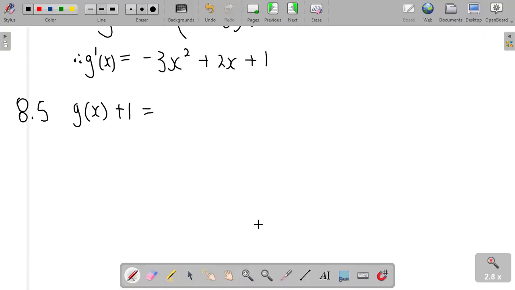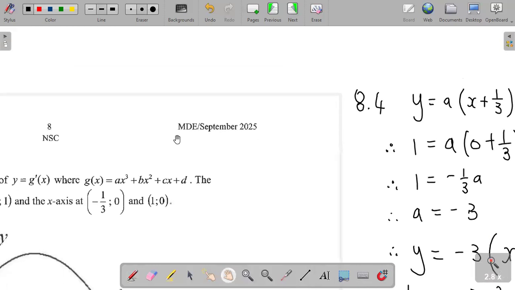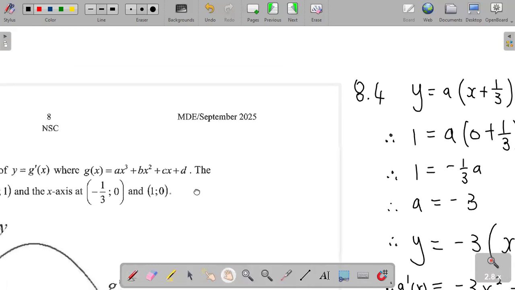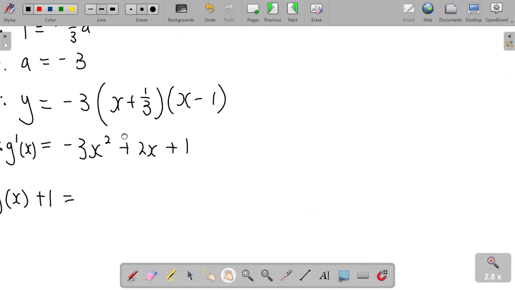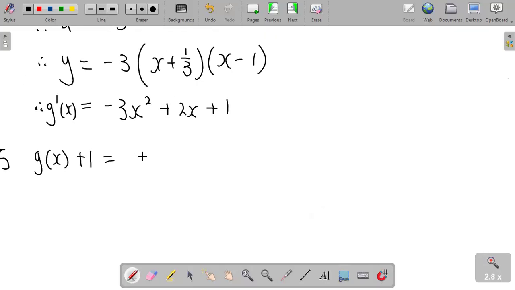This will be equal to, not g prime, g: ax cubed plus bx squared plus cx plus d, plus 1.